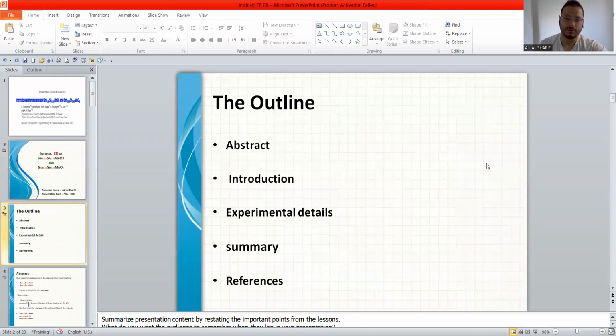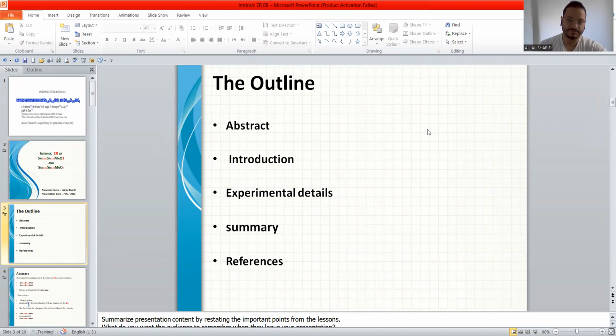Now, the outline will be abstract and introduction. At the abstract and introduction, I will take simple ideas, simple information, and then go deeply into experimental details, the other important information about the diagrams and all things like that.